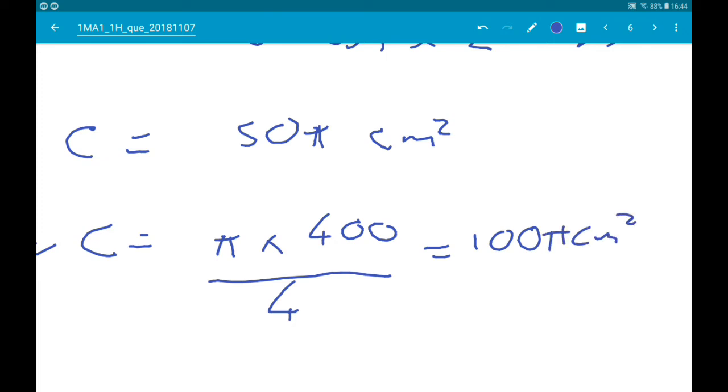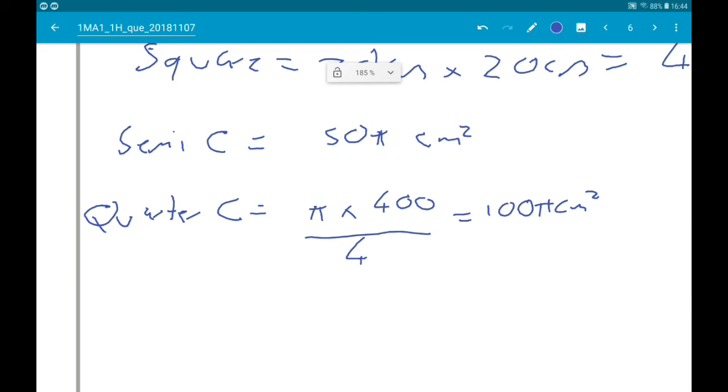Okay, so now that we know the area of the quarter circle and semicircle, we can work out the area of the shaded region. So, the shaded region is the whole quarter circle minus the semicircle.